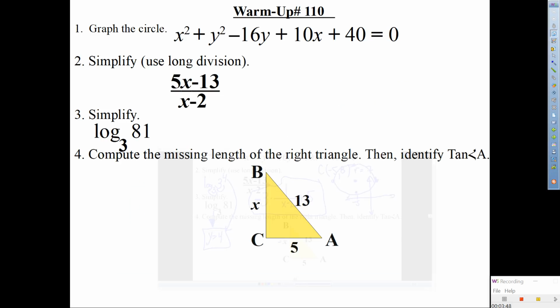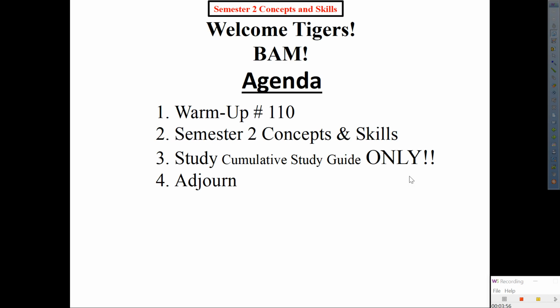In the meantime, copy the agenda, please. Warm-up number 110, Semester 2 Concepts and Skills. Study guide tonight, once again, is a cumulative study guide. Like I said, today we're going to be working mostly on graphs and transformations.